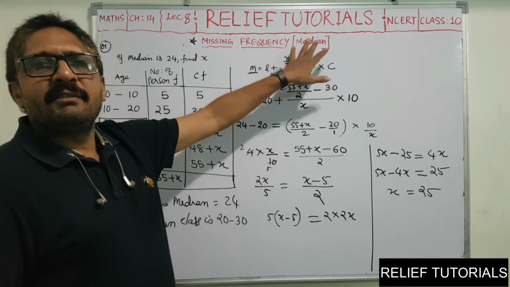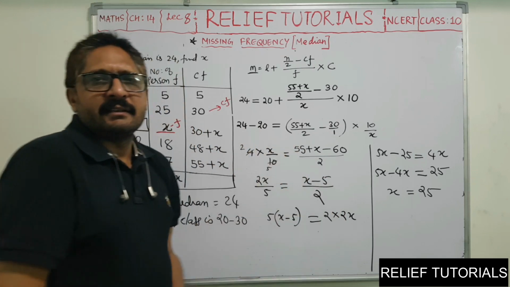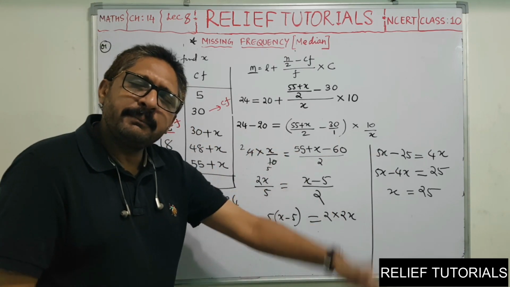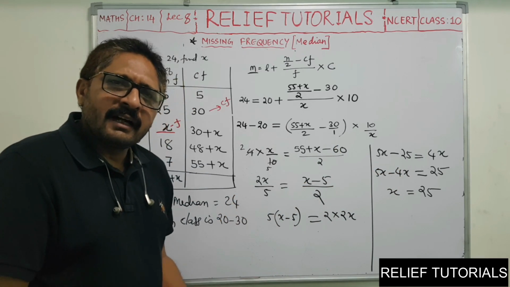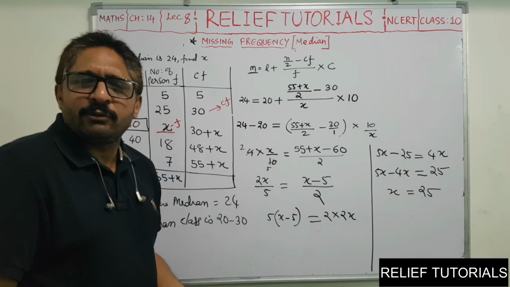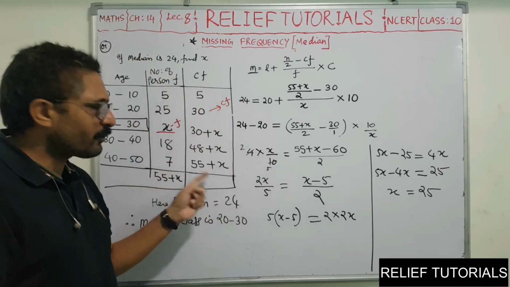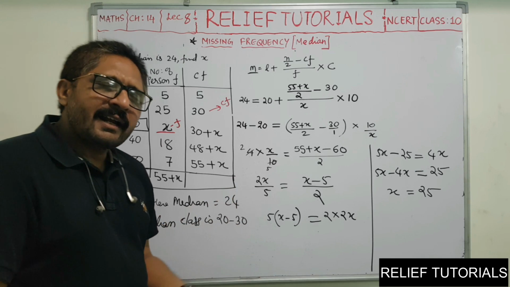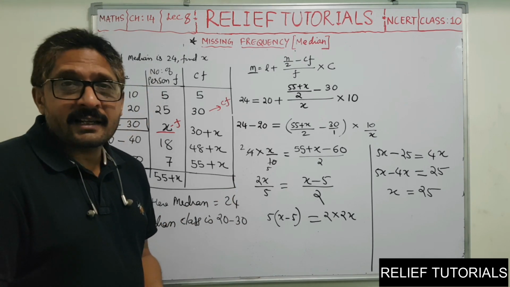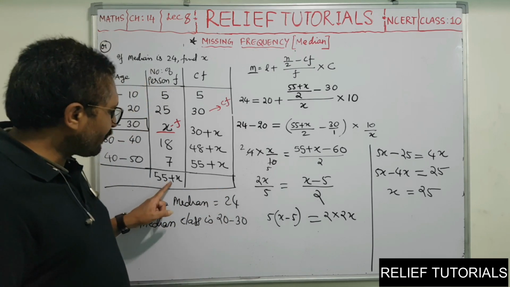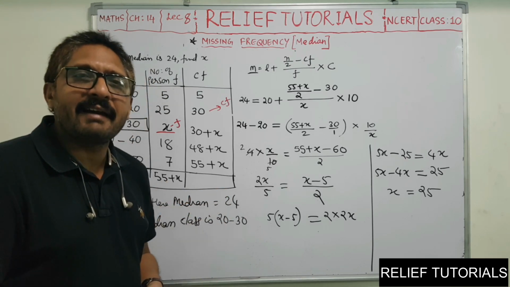So here the median is given, so you will try to find the median. Yesterday the mean was given, so you were trying to find the mean. That's all, nothing else. And you know that when the median is given, you have to find the cumulative frequency. Only one column is required, and this is the cumulative frequency. Then the question arises, you have to find the median class. Generally we used to do n by 2, but n is 55 plus x divided by 2, so you will not get any value.